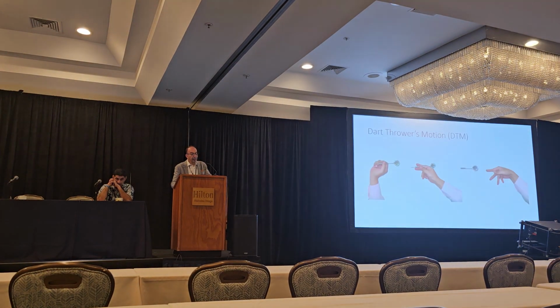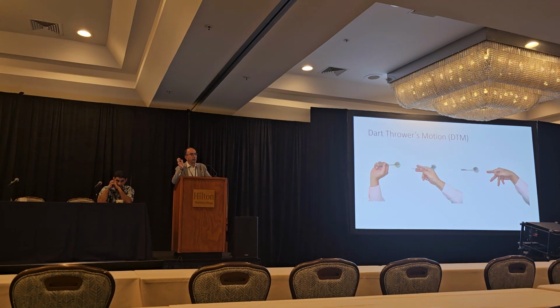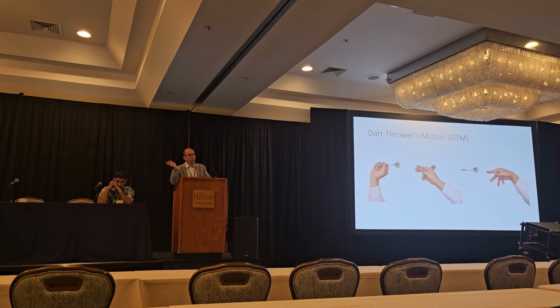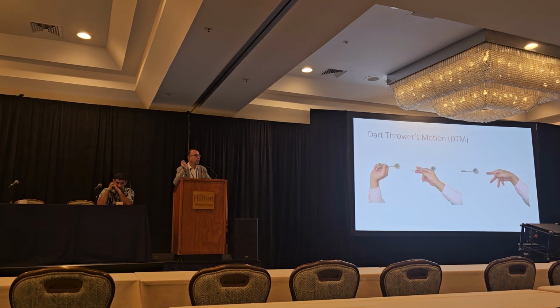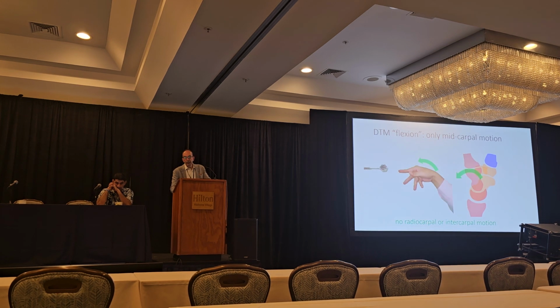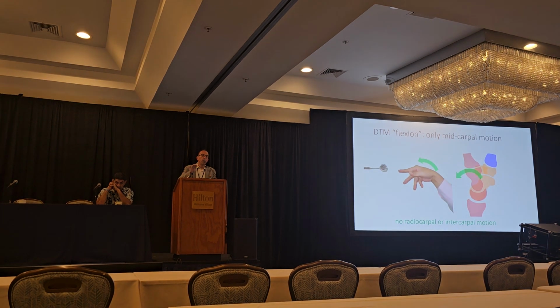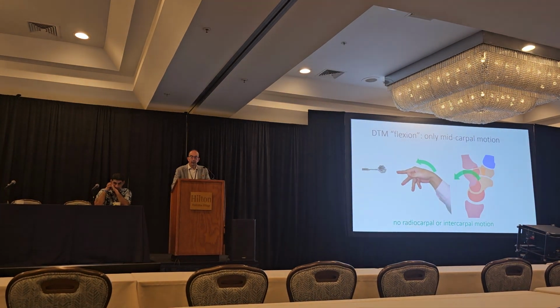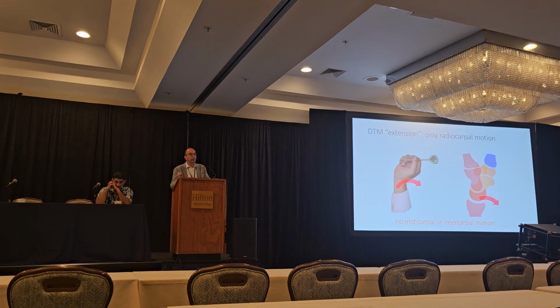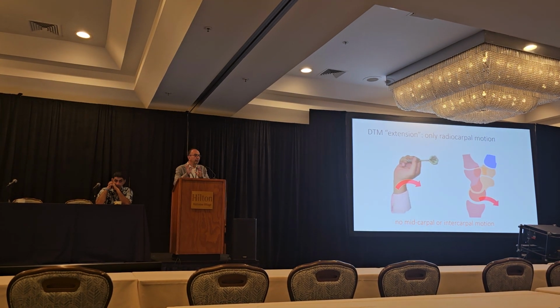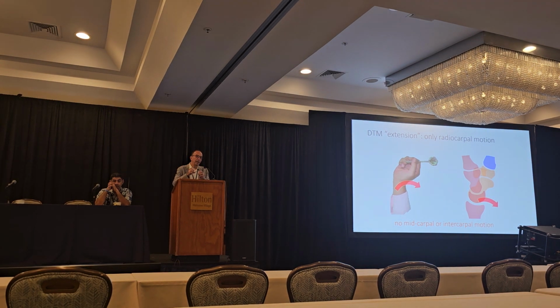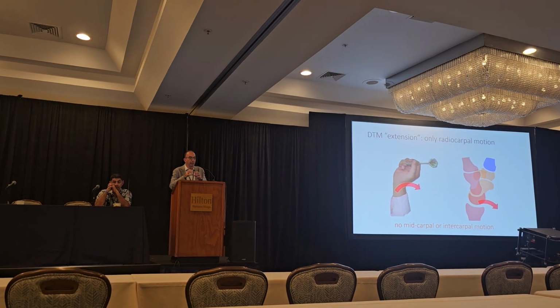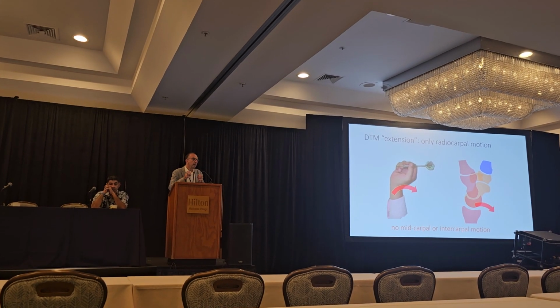If you study another range of motion, which is from dorsal and ulnar to palmar and radial, what we call dart-thrower's motion, then in flexion you have only midcarpal motion. In extension you have only radiocarpal motion, but in none of these movements is there any intercarpal motion.